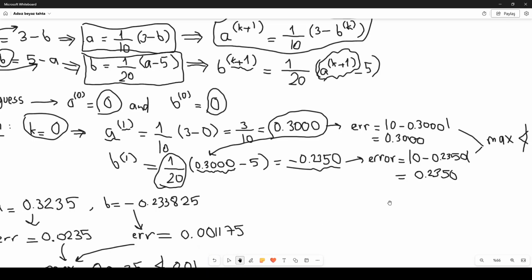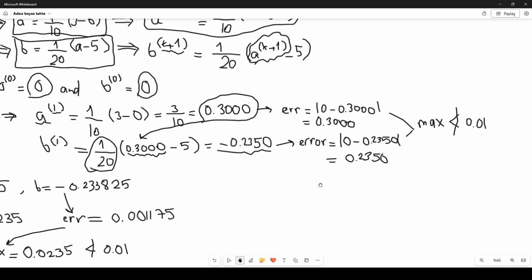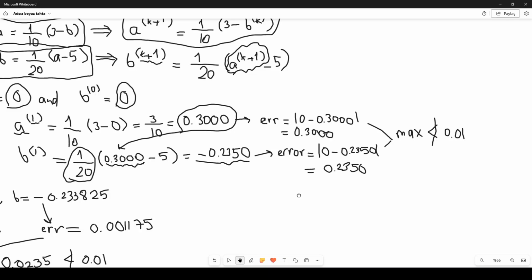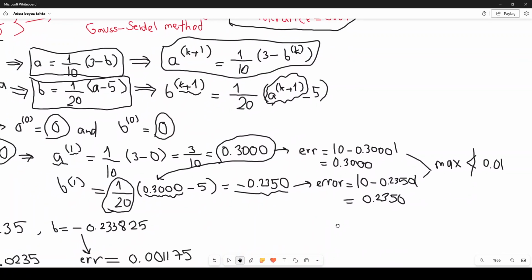And what we are going to do now, all right? Now I have the newly obtained values for two unknown variables a and b, and now I look at the errors. So how can I find these errors? All right, that's simple. That's the same as we did in the Jacobi method. Again, in the two successive iterations, I just compute the absolute value of the differences of the unknown variables' values we found.